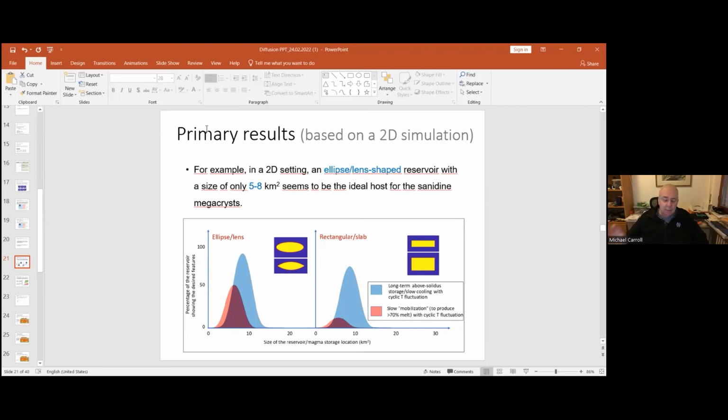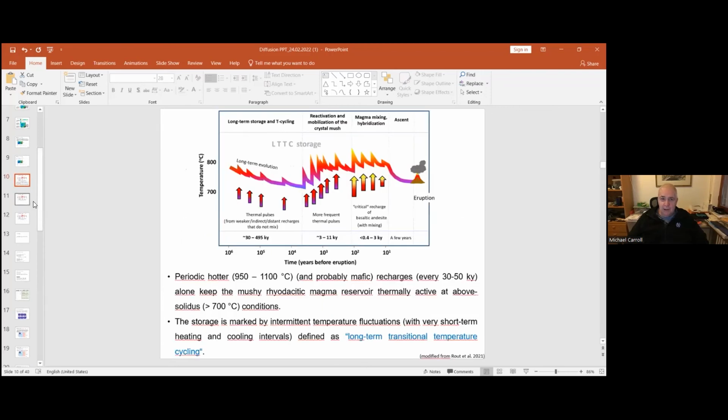Looking at the last talk, the variation in temperature with time, apparently these magmas spent quite a lot of time above the sanidine liquidus. So these crystals are constantly dissolving. Is that correct? Sanidine crystals have been dissolving for quite a few thousands of years, so there's no sanidine phenocrysts left, only the megacrysts.